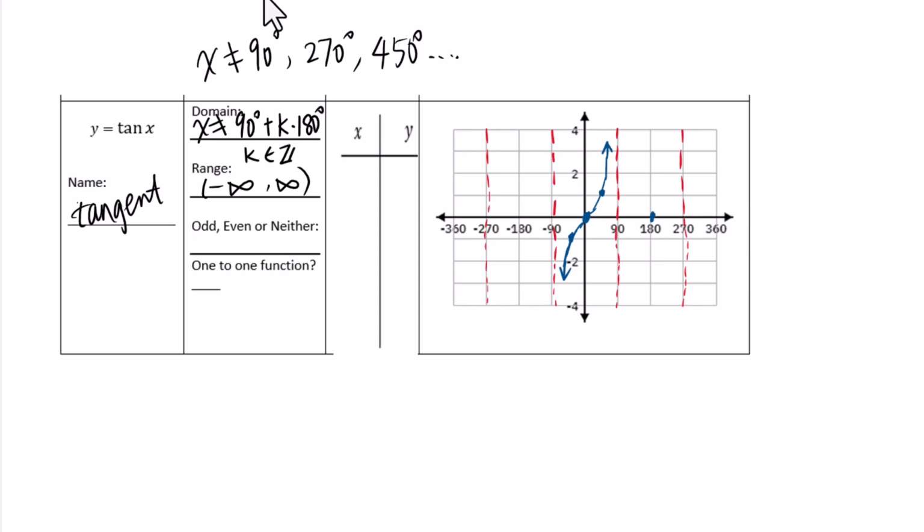Keep the same trend. Since the graph is symmetric about the origin, this is an odd function. It's not a one-to-one function because when we draw any horizontal line, we got more than one intersection.